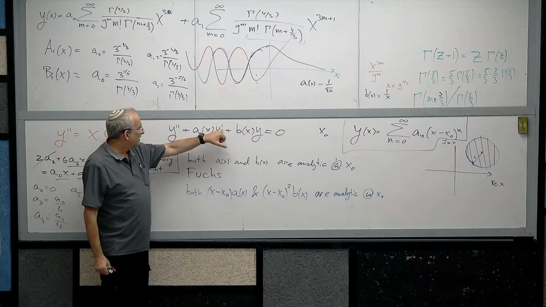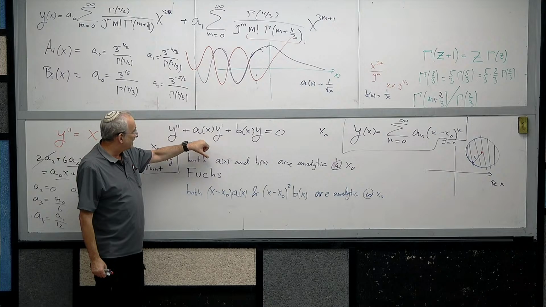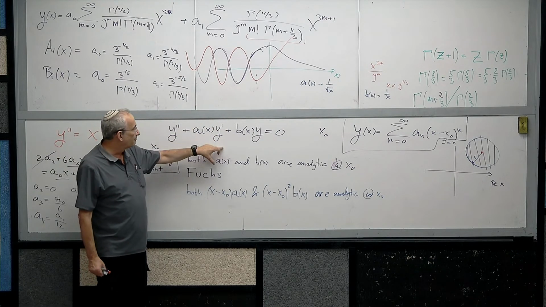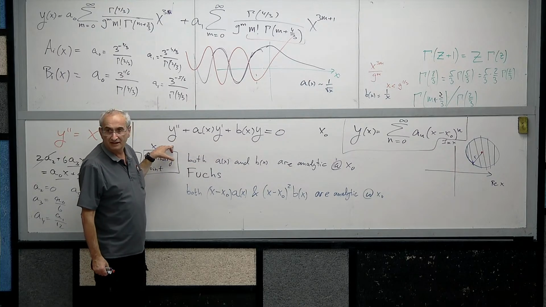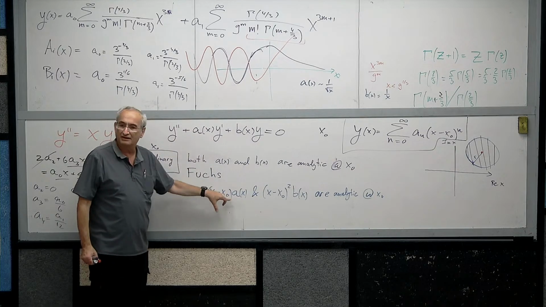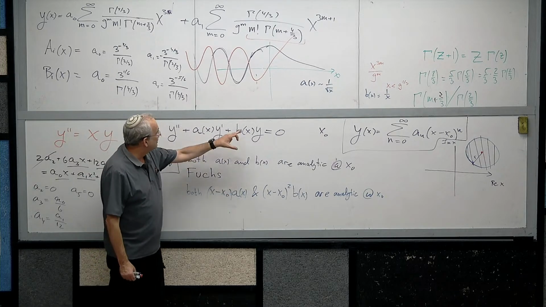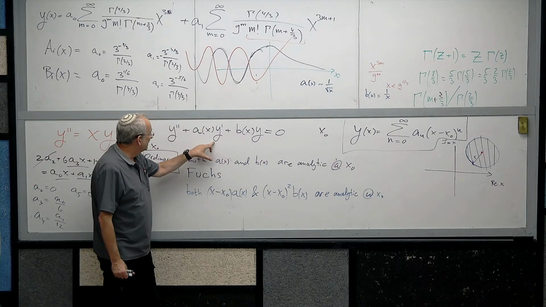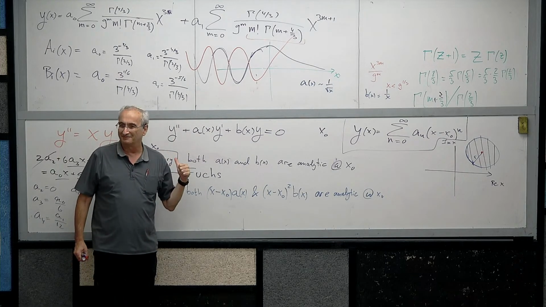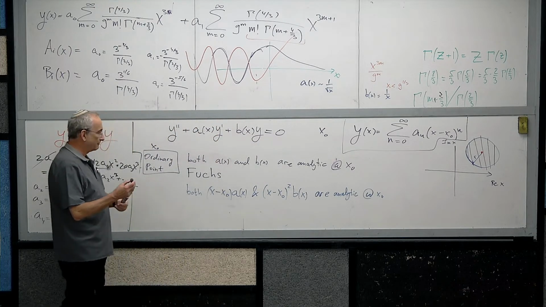This term is going like 1 over x, and if A diverges like 1 over x, this term will diverge like 1 over x squared. So it will compete with the strongest singularity, unless we multiply it by something that removes the divergence, right? So this implies that although A of x is singular, this term is still negligible with respect to this term when x goes to 0. Right? And the same thing here. But this is just kind of intuition.